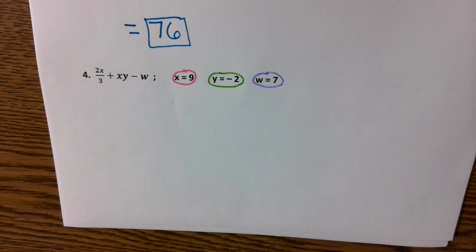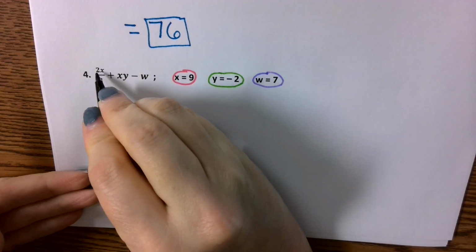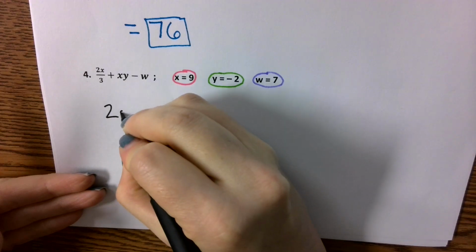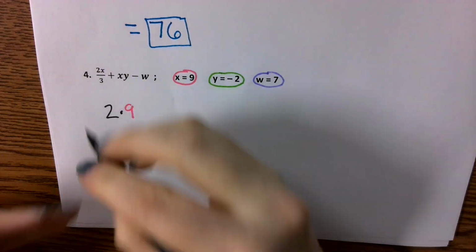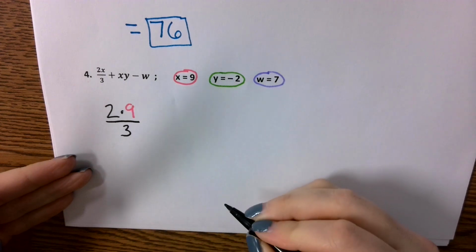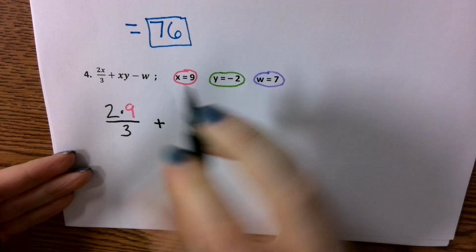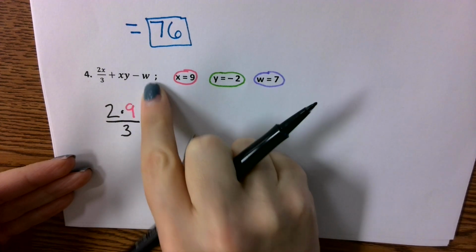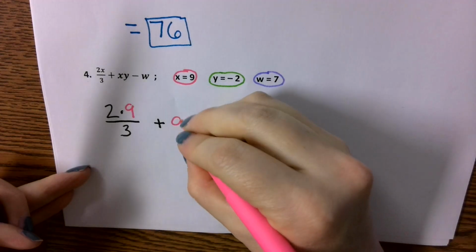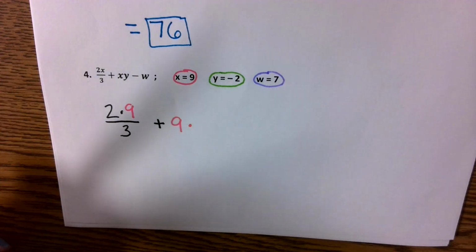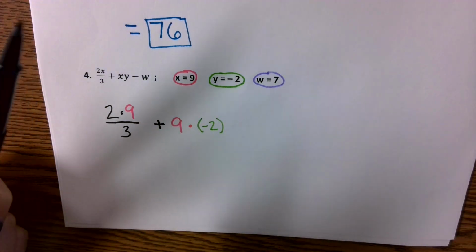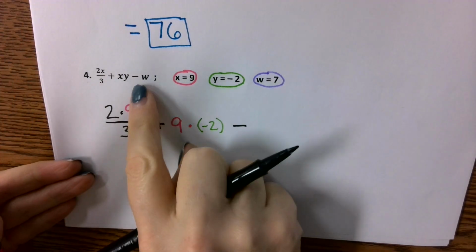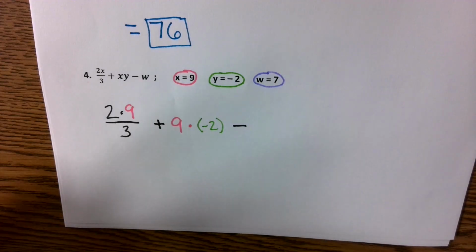Okay, so when we're taking a look here and we're going to substitute the stuff in, instead of 2 times x, it's going to be 2 times 9. And we're still going to have divided by 3. Then we have plus, now we've got x times y. So we're going to have 9 times negative 2. And then we're going to have a minus w, so a minus 7.